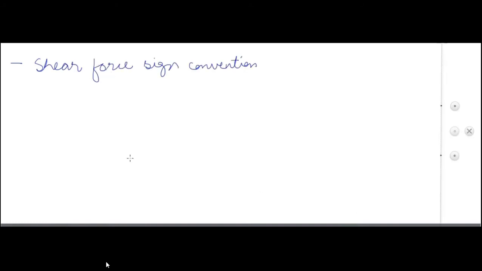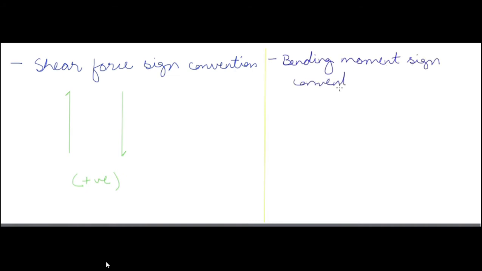Now shear force and bending moment sign convention. Along the length, whether it's a cantilever beam, a simply supported beam, or an overhanging beam, we will have to give a sign convention to the shear force or the bending moment.